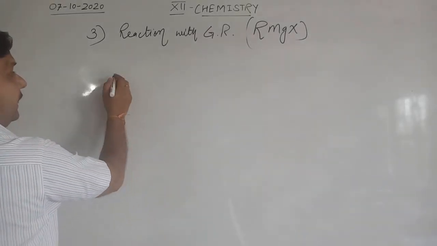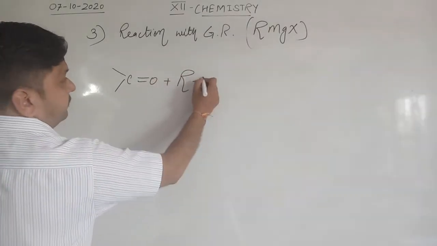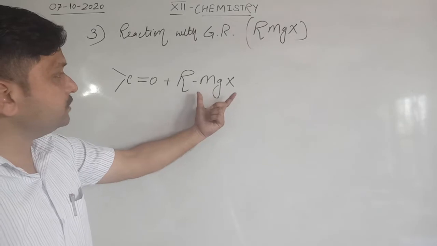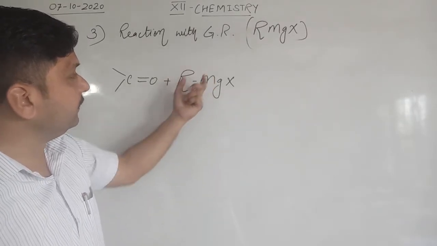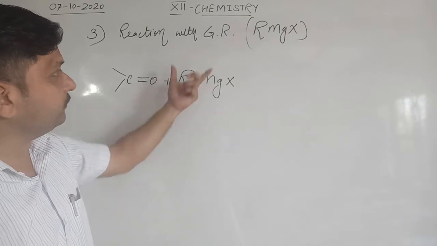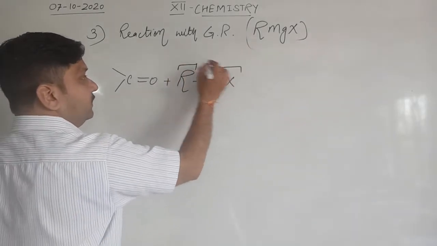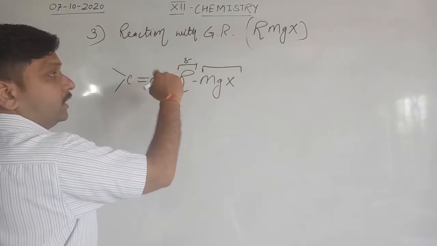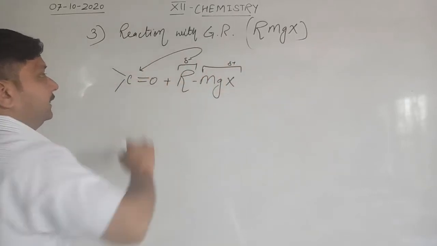So when aldehydes or ketones react with the Grignard, see here, we know that MgX is the positive part of the Grignard and R is the negative part of the Grignard. Clear? So this behaves as a nucleophile. Which one? This alkyl group. The alkyl group behaves as a nucleophile and it will attack this carbon atom. Okay?